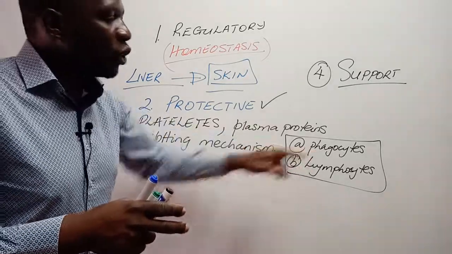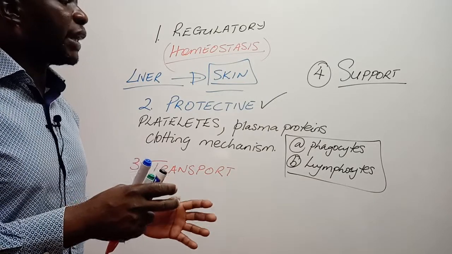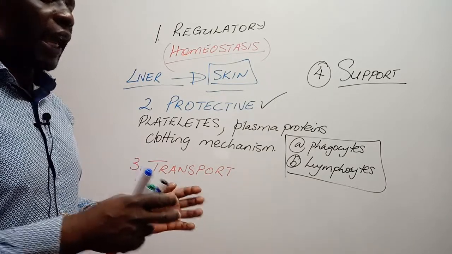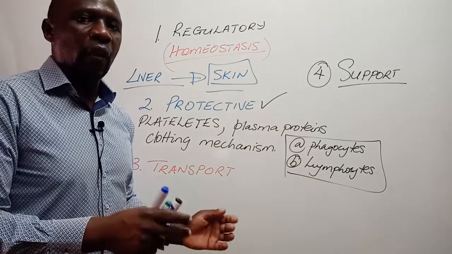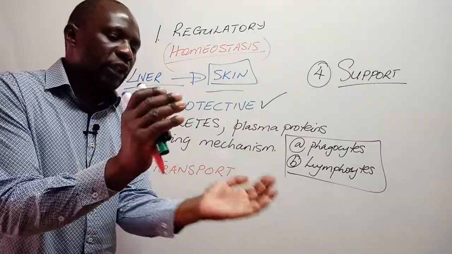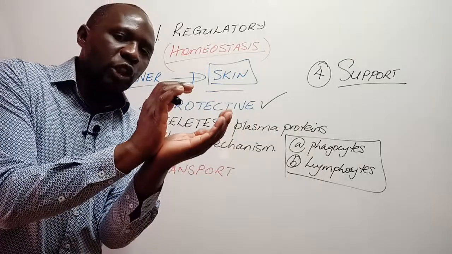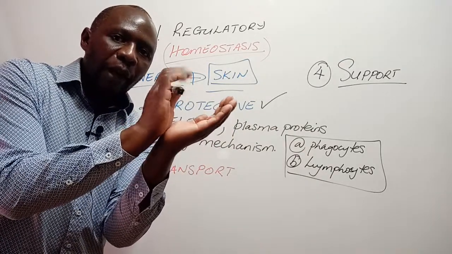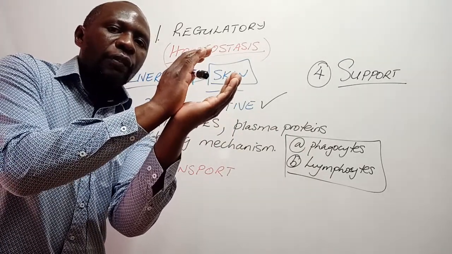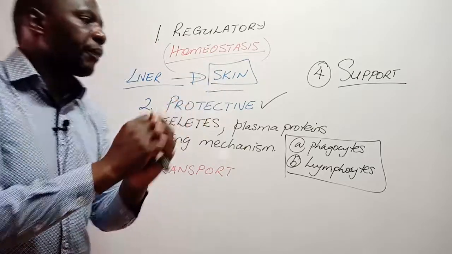So the phagocytes, when they identify a disease-causing organism in our bodies, they engulf it. So the disease-causing organism comes this way, like my marker pen, and the phagocytes engulf it, right?